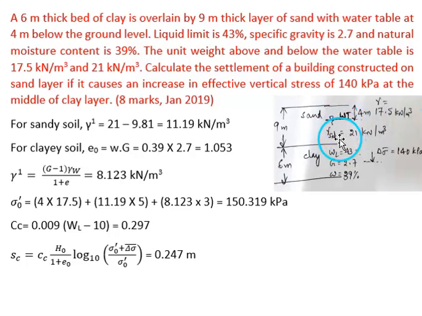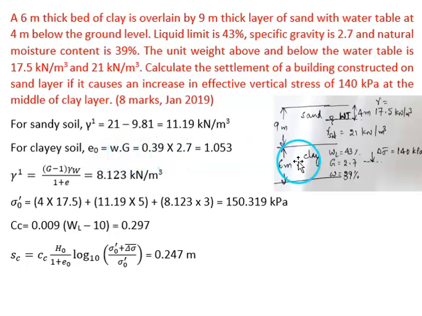Below the water table, we should take the submerged unit weight, which is equal to saturated unit weight minus unit weight of water. And for clay soil, since the degree of saturation is 1 because it is below the water table, we can find the void ratio as the product of water content and specific gravity.